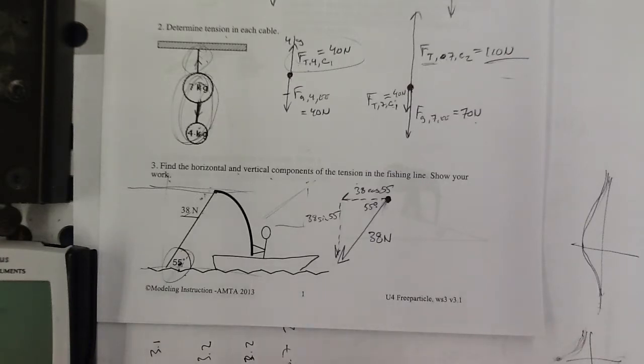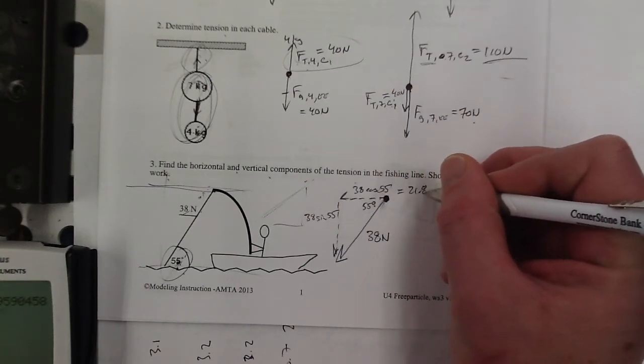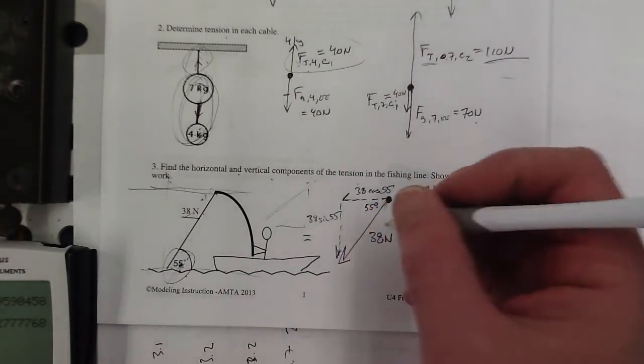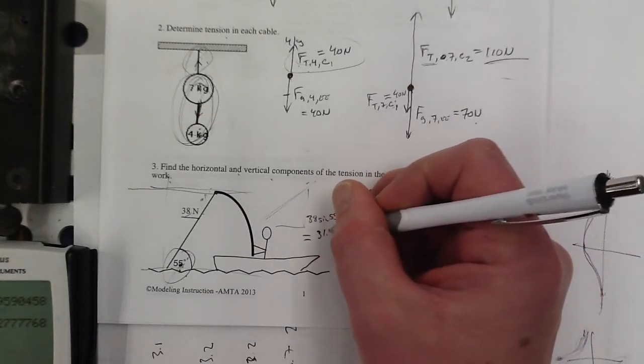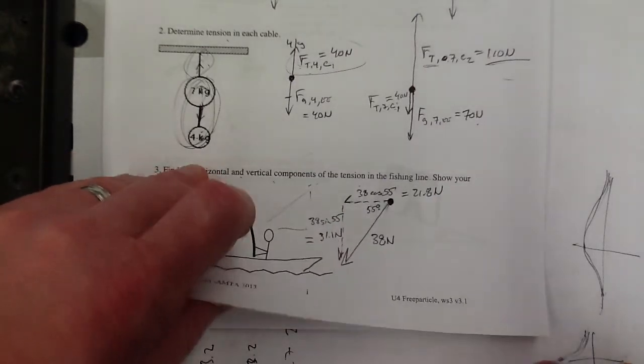Make sure you're in degree mode. So I got 38 cosine 55 is about 21.8 newtons, and 38 times the sine of 55 is 31.1. That's all we were being asked to do there.